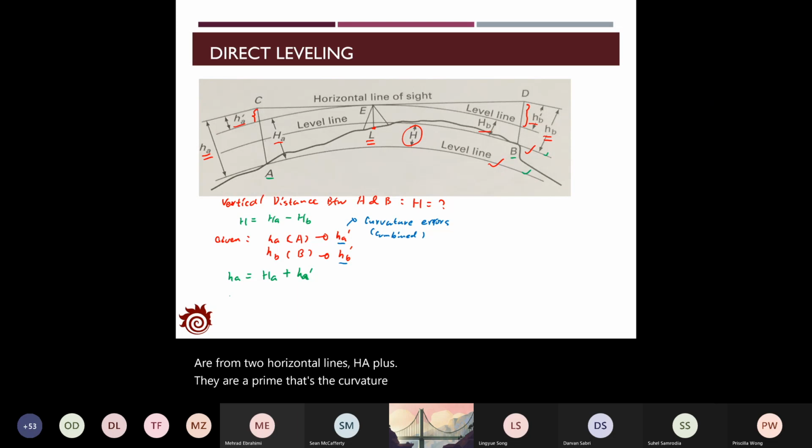And similarly, you have little hb as capital HB plus HB prime.